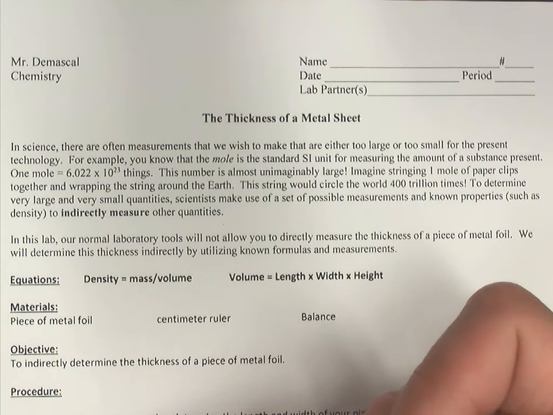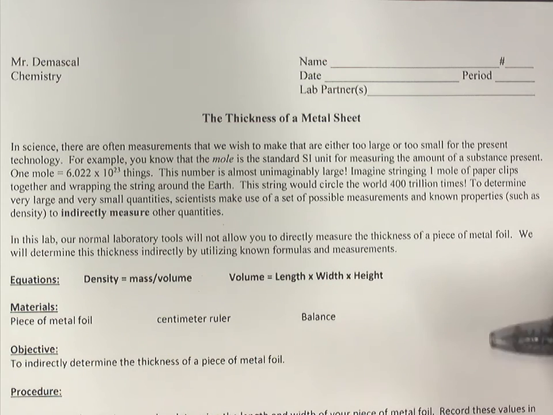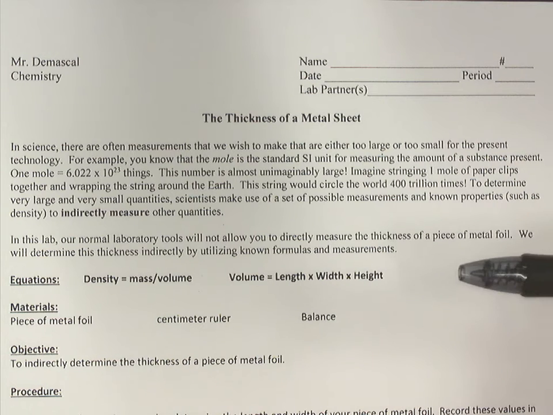So we can use intensive properties that are independent of sample size to indirectly measure quantities. In this lab, our normal tool, our ruler, is not sufficient to measure the thickness of our foil. So we need to calculate it.